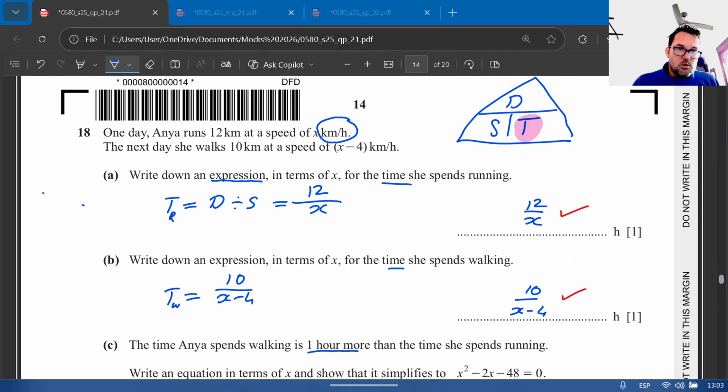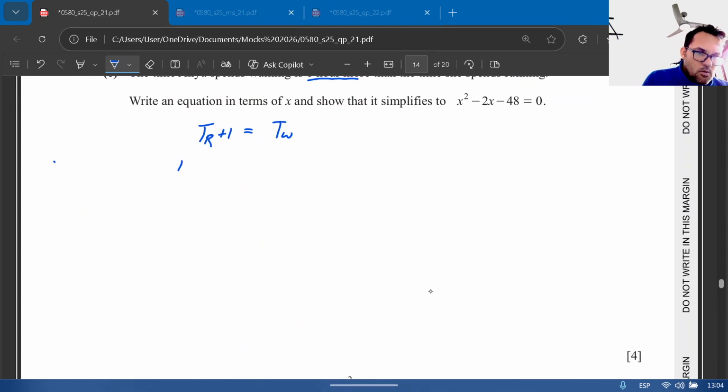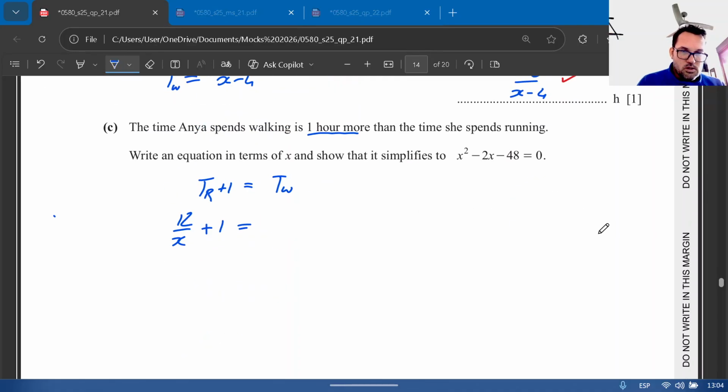Now we got the time she spent running was 12 over X, plus the 1 hour, and that gives us the time she spent walking, which was 10 over X minus 4. Okay, now we need to get some from here to here. So we're going to have to move some stuff around. That plus 1 complicates things a little bit.